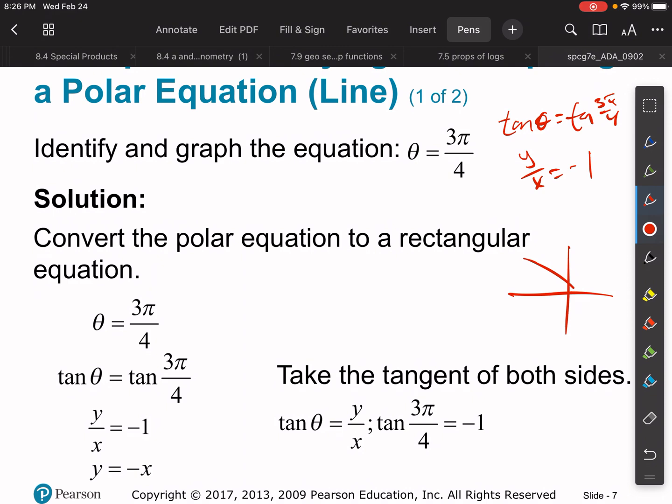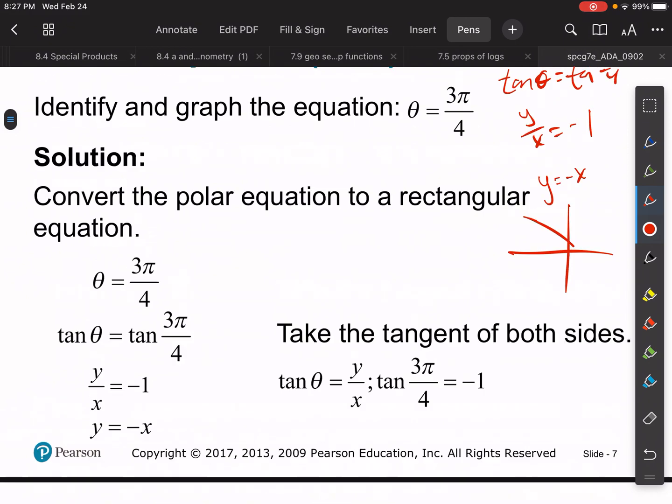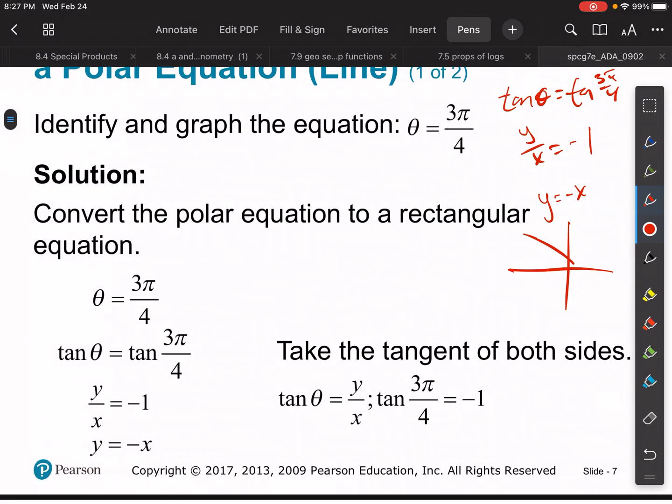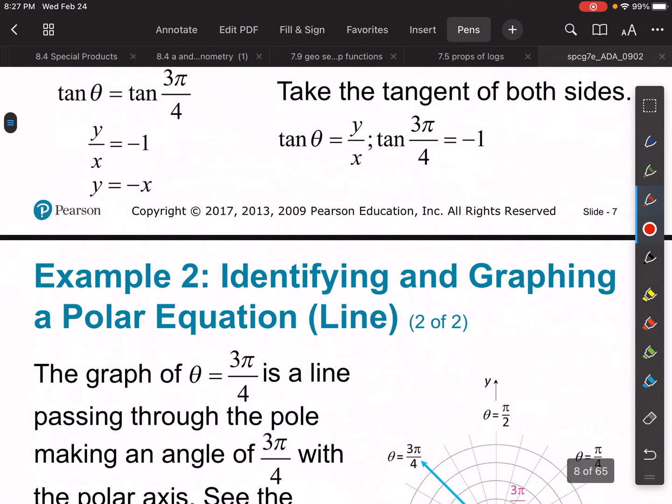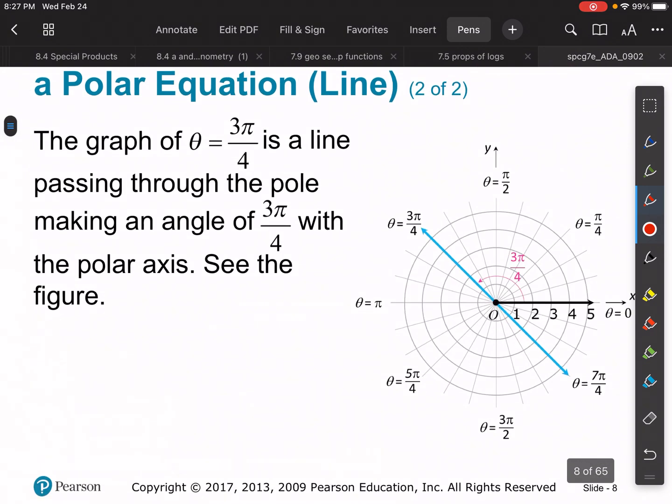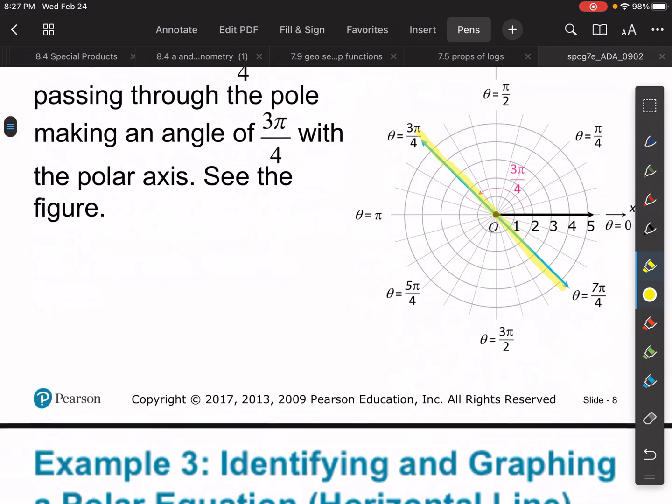Now if you didn't know that, you could plug it in your calculator, you get a -1. Okay, so if we solve this for y, multiply both sides by x, we get y is equal to -x. Okay, so the line y equals -x is what we would graph here for that given theta, which looks like this blue line that we see here, y equals -x.